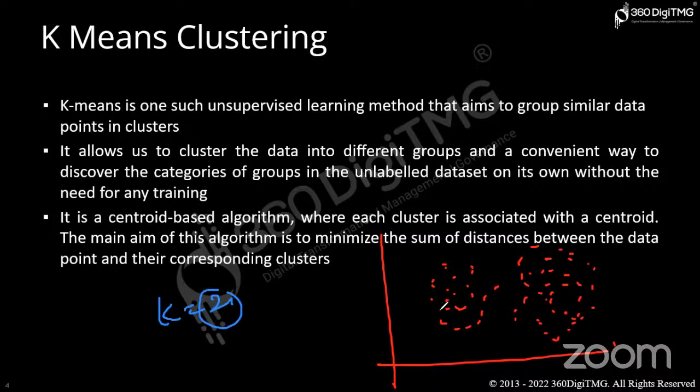Whenever you pass k equal to 2, automatically 2 centroids are formed. Then the distance between the centroids and the other data points will be calculated, for each and every data point.